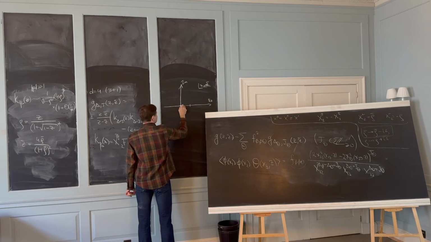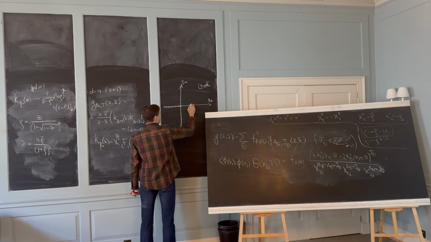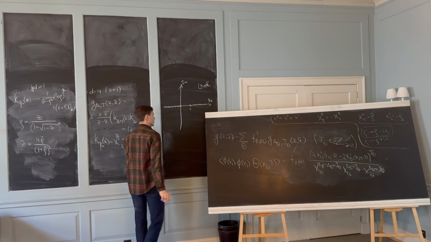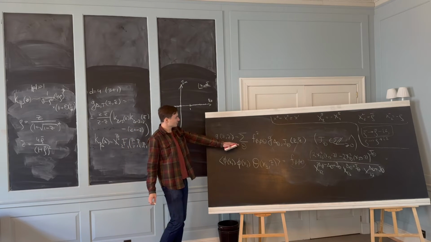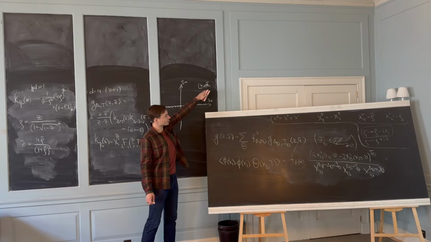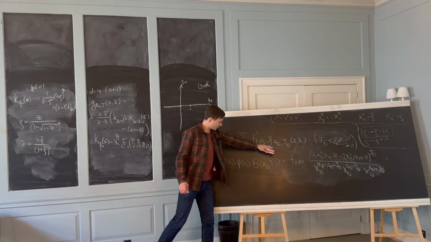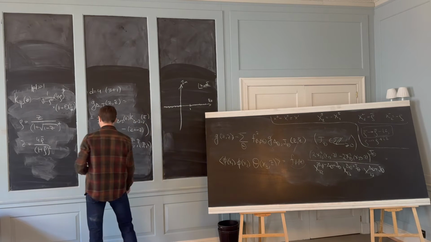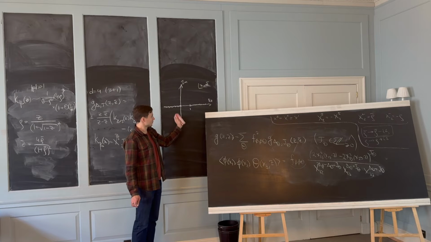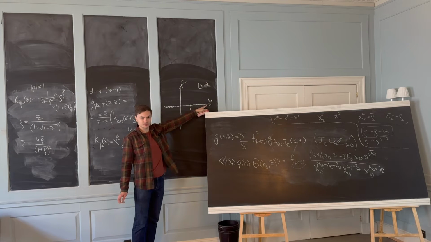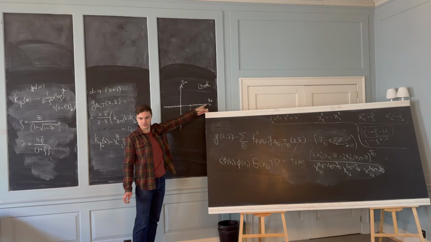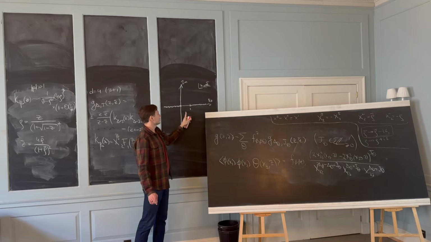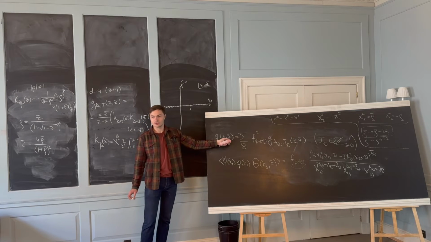There is a cut starting at 0, and there is a cut starting at 1. This is the picture both in z and z bar. That's the analytic structure of the conformal blocks. The expansion converges everywhere in the complex plane of z and z bar except for this cut. On the cut, the expansion stops converging. Elsewhere it does converge, and where it converges, the function of z is analytic.